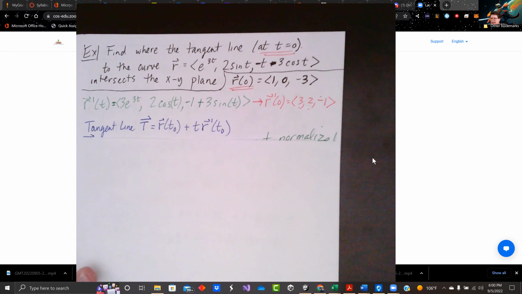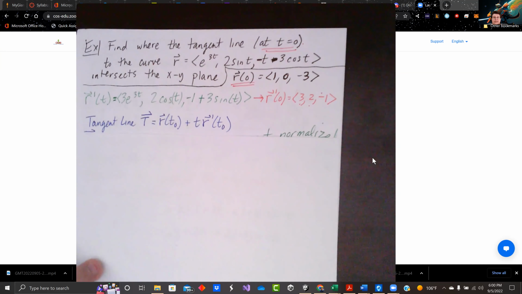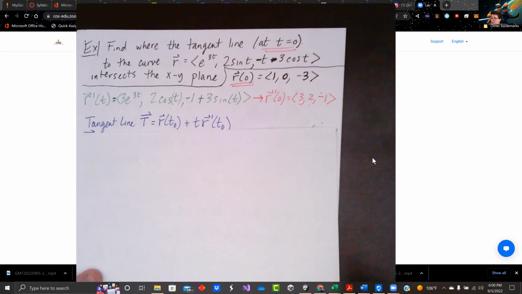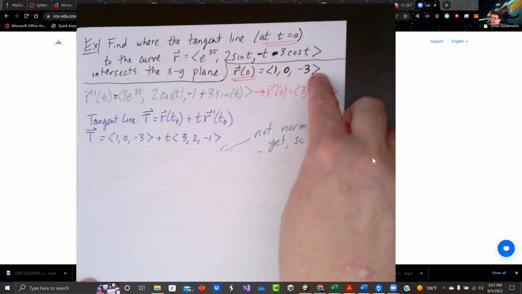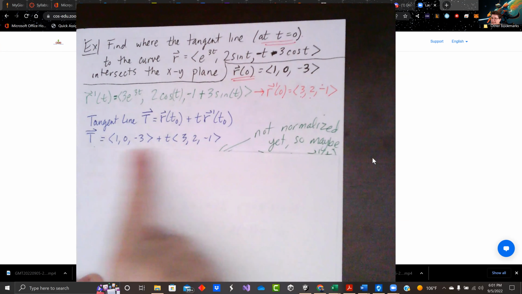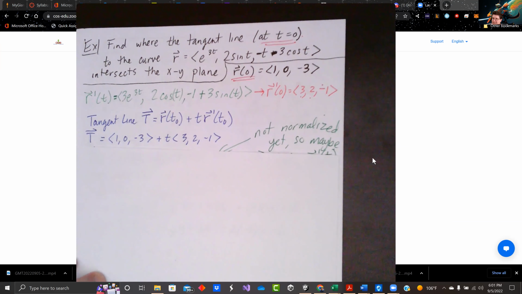So my tangent line is r evaluated at t naught plus t times r prime evaluated at t naught. T naught was at t equals 0. So we have those two things right here. Our tangent line is this. It's <1, 0, -3> plus t times <3, 2, -1>.